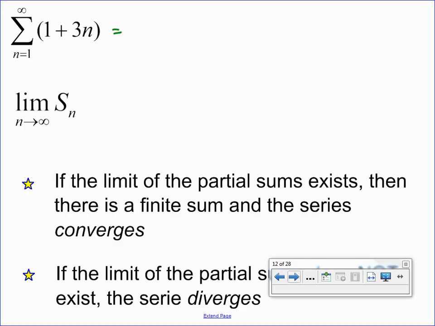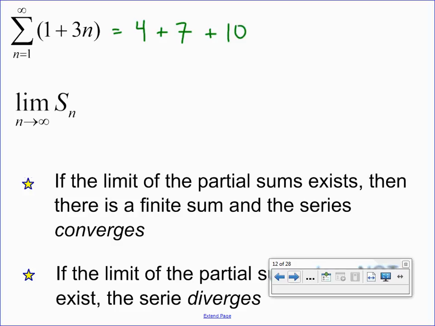I'd be summing them together. So here, my first term would be 3 times 1 plus 1, which is 4. You guys see that? Plus, incrementing n by 1, my second term would be 3 times 2 is 6, plus 1 is 7. Is that right? Yes? Plus, because I'm summing, my third one would be 3 times 3, 9, 10.